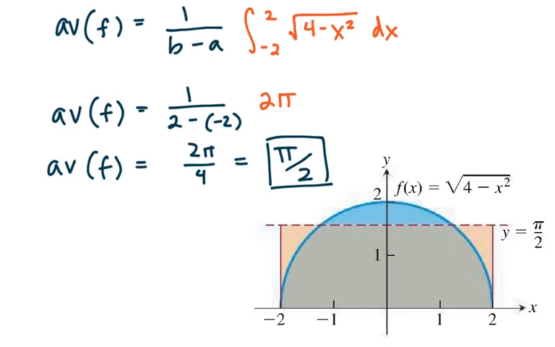So again, the area of that rectangle, 4 by that height, pi over 2, is equal to 2 pi, which is the same as the area of the top half of the semicircle. So that is how we can find average value of a continuous function.